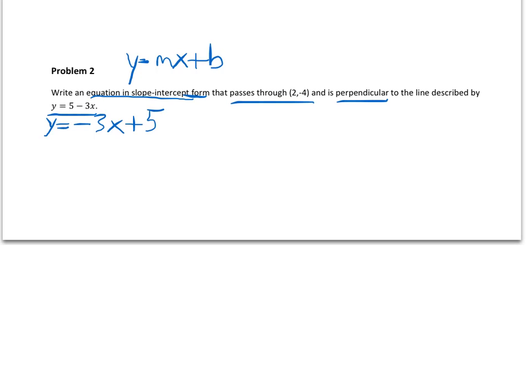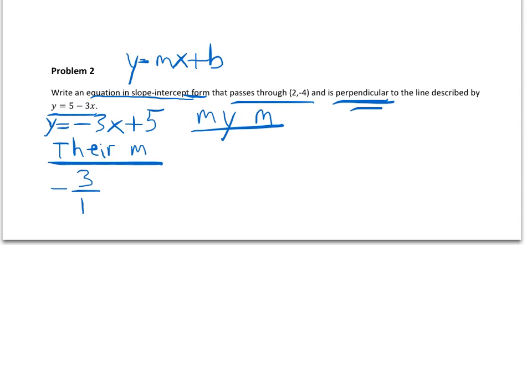So here's how your work should look for this. Their slope was negative 3, and I'm going to write that as a fraction, right? Well, what do I know about my slope? What do I know about my line? Well, if my line is perpendicular, I know that my slope has to be an opposite reciprocal to their slope.